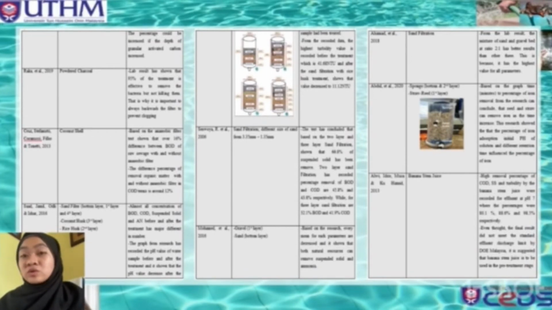We can conclude that the size and also the shape of natural resources really affect the effectiveness of the filtration. For example, large and angular materials such as rock can have larger voids between each other, so they only filter big particles, while rounded shape and small size materials can filter small particles like dust.